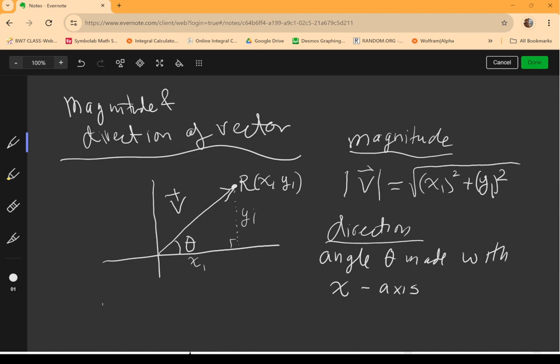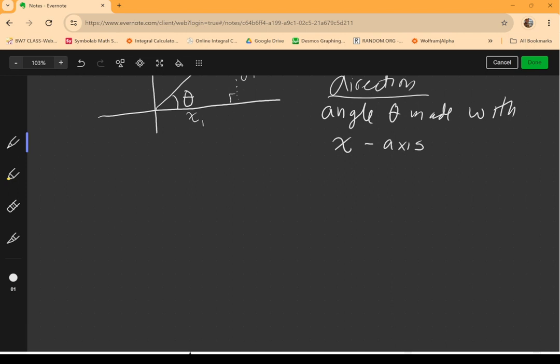Now in terms of equality of vectors, I know how two numbers are equal, one is equal to one, but how do I know that two vectors are equal? Well, u and v are equal, and we use the same equal symbol, if they have the same magnitude and direction.